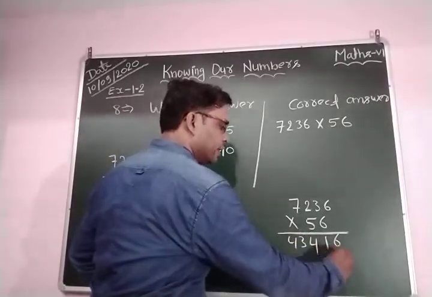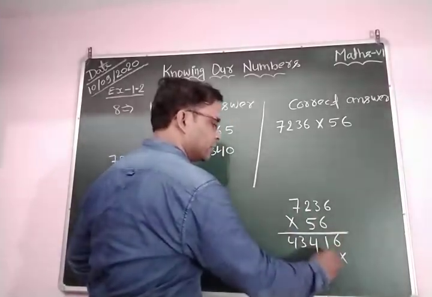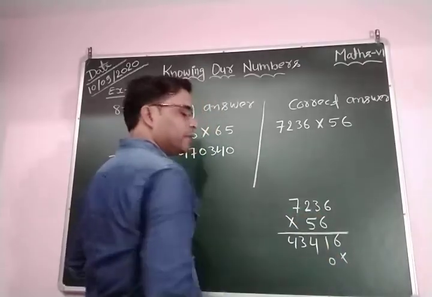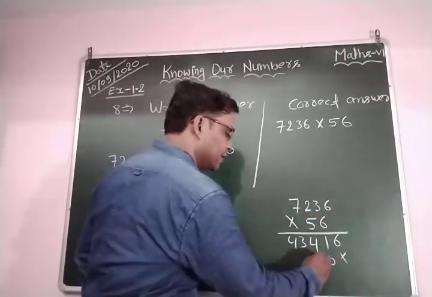Now again, 5 times 6 is 30, 5 threes are 15, 15 plus 3 is 18.